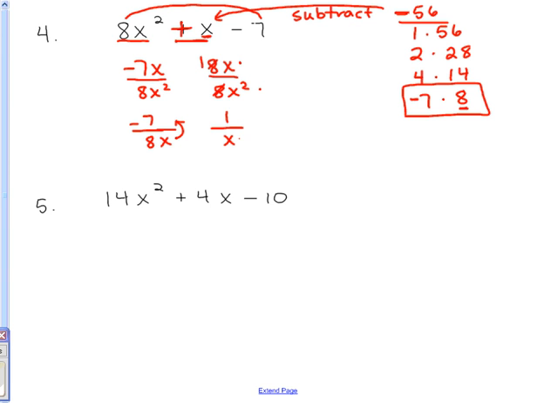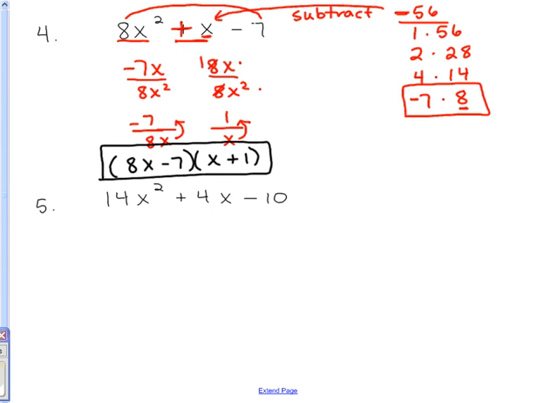Okay, bottoms up, to write my two binomials would be 8x minus 7 times x plus 1. So if we multiply these back together using the FOIL method, that's how you can check it, it should equal back to the original problem that you started with.